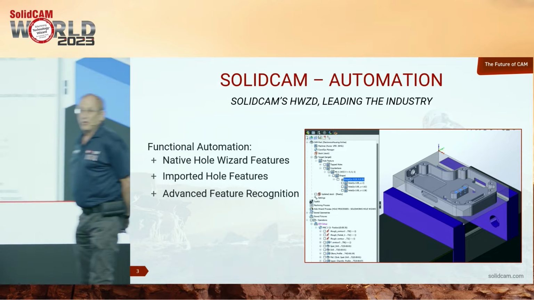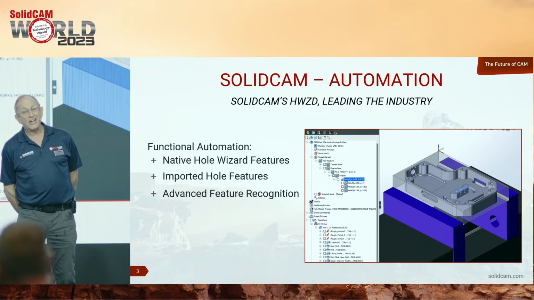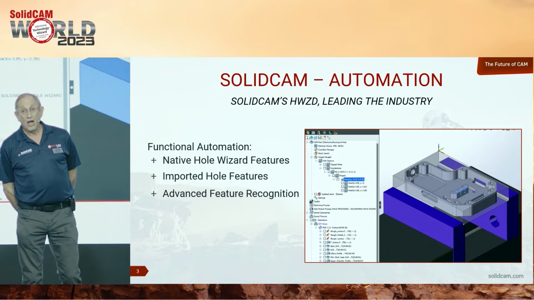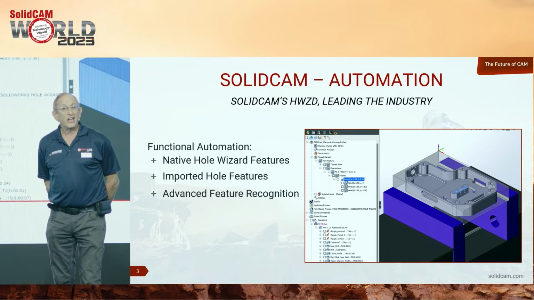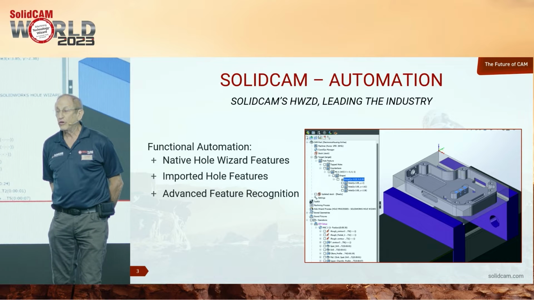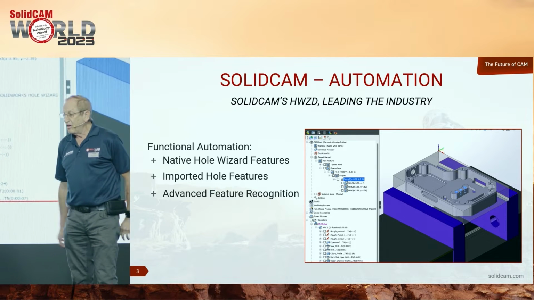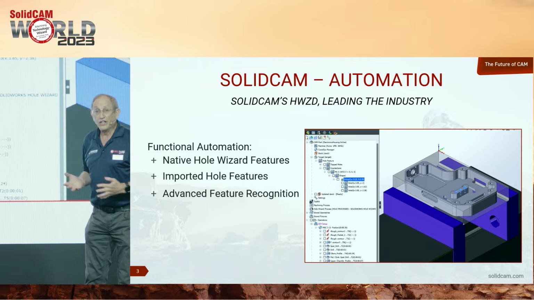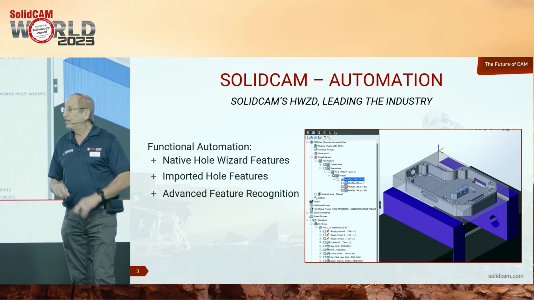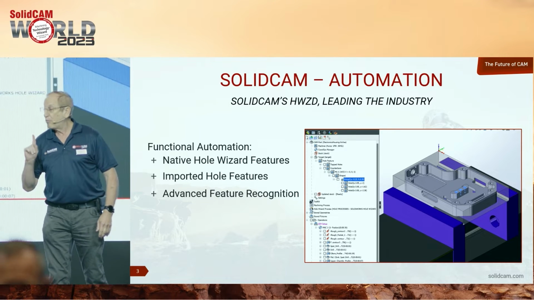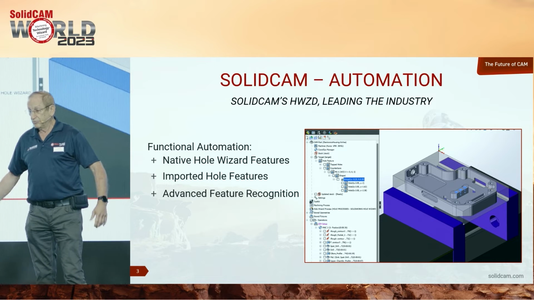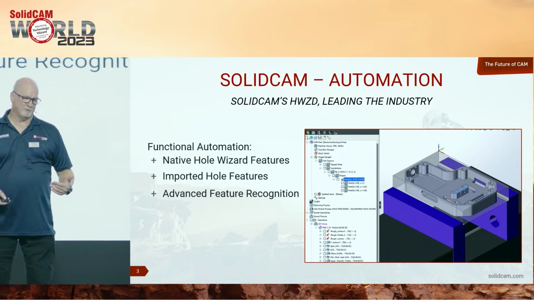Sure. Well, with the advanced feature recognition, what we've actually done now is that the holes are recognized as you're creating your CAM part setup in the very beginning. Right. But not only that, we see that actually underneath now our CAM tree as well, underneath the target, because it is part of the target. It is. It's actually a target definition now.